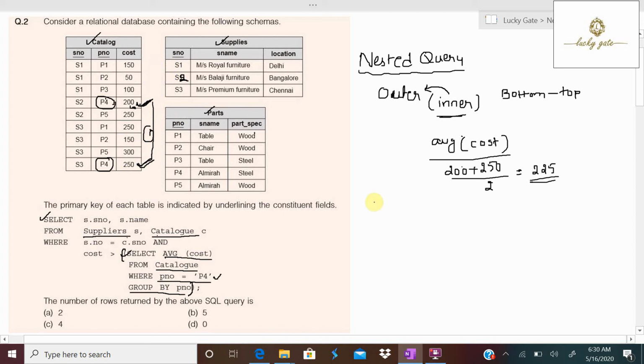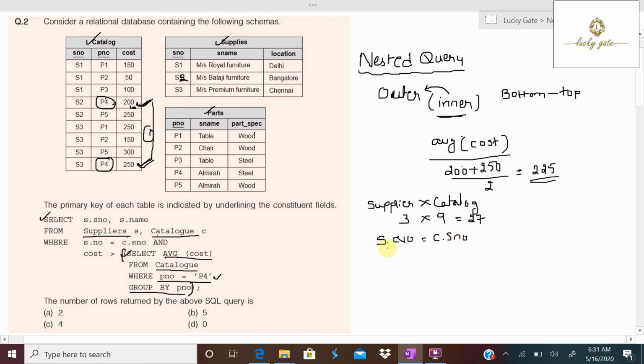When you perform the Cartesian product of supplier and catalog, it is going to have 3 into 9 combinations of tuples, which is equal to 27 combinations. In the 27 combinations, it is going to select only those records satisfying the condition s dot number equal to c dot s number.